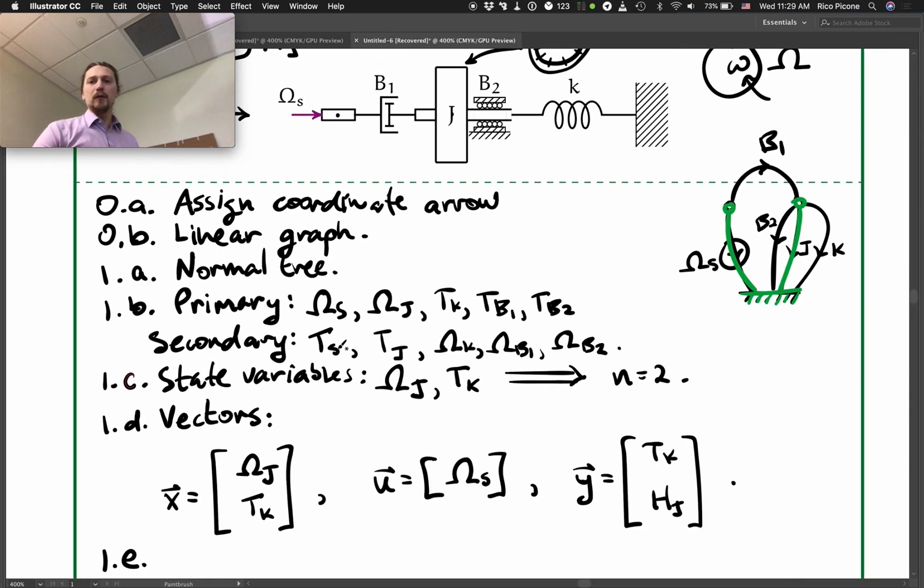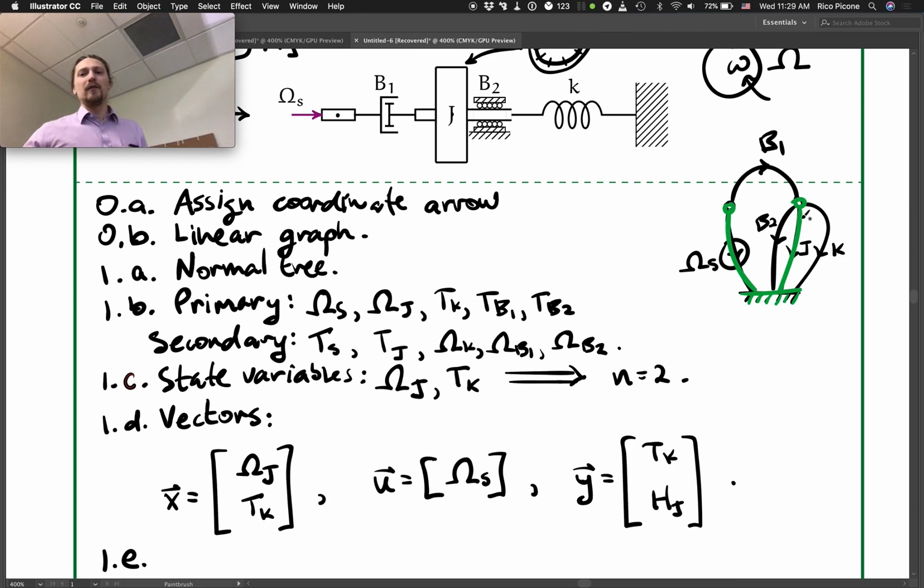How do you decide which variables are state variables? So the rule is that state variables are going to be across variables on A-type energy storage elements in the normal tree. I know this is a lot of qualification. The across variable, which is omega in this case for a rotational system, of A-type energy storage elements, which are moments of inertia, that are branches of the normal tree.